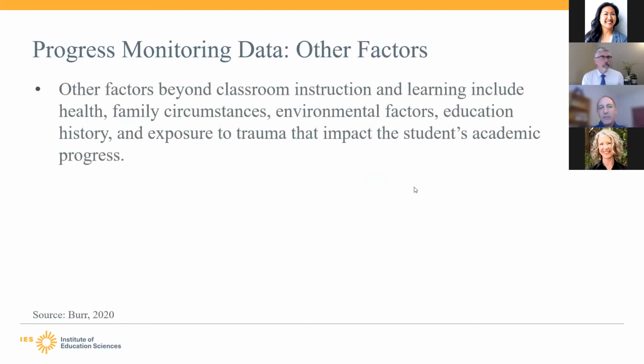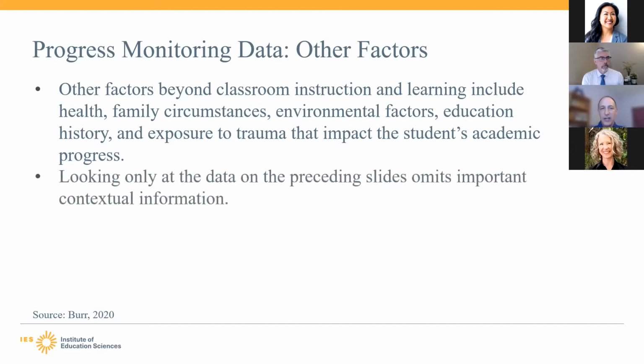And finally, these other factors. My colleague, Elizabeth Burr, who's on the call today, identified several other factors beyond classroom instruction and learning that sometimes educators in the system will have access to. Information about family circumstances, health, environment, past education history, and any trauma exposures.